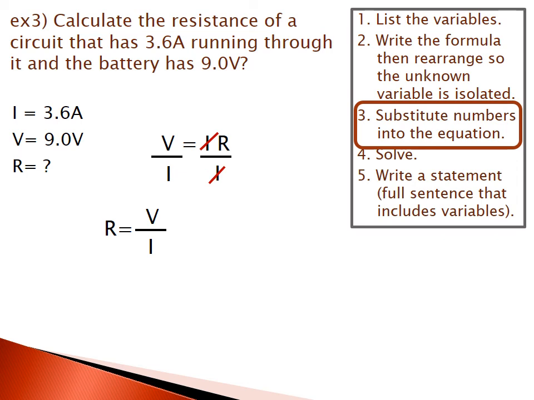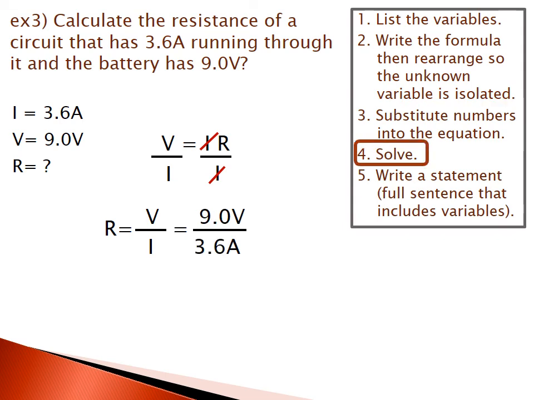V is 9.0 volts, and on the bottom is I, which is 3.6 amps. Now I can solve by placing 9.0 volts divided by 3.6 amps into my calculator. And that gives me 2.5 ohms. So R is equal to 2.5 ohms.